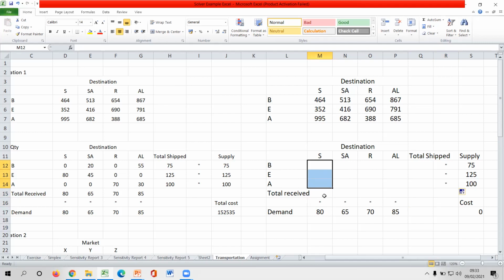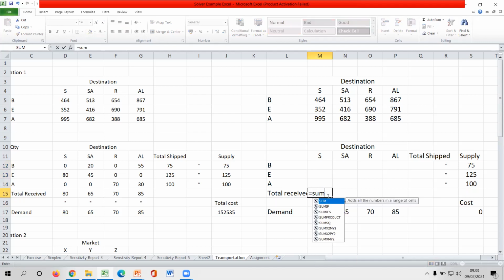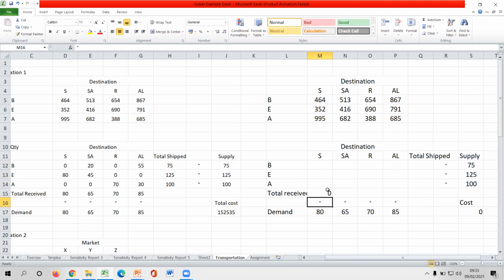Therefore, your total demand requirement fulfillment should be equal to the sum of these three cells. So we put the command in here, equal sum, that means the total sum from these three markets. Then you can press enter. It gives 0 because there is no value in here yet, because that's the thing we need to calculate.